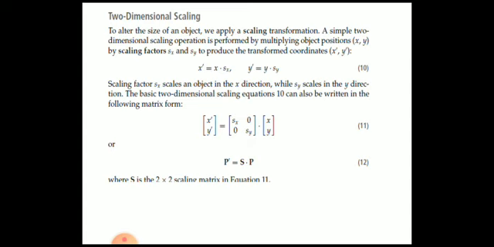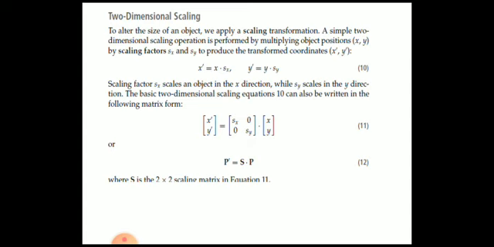That's what I mean. Either you can enlarge the size of the object or you can shrink the size of the object. A simple two-dimensional scaling operation is performed by multiplying the object position, that is x comma y, by the scaling factors sx and sy to produce the transformed coordinates x dash and y dash.